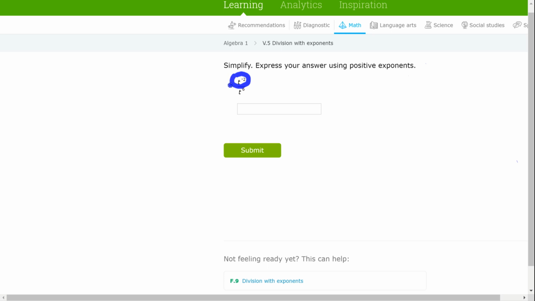Notice that it's in the numerator, if you move it to the bottom, then we have a positive 2 on the bottom now. And then we have t to the 6. So 2t squared times t to the 6 is t to the 8th because you add the exponents.